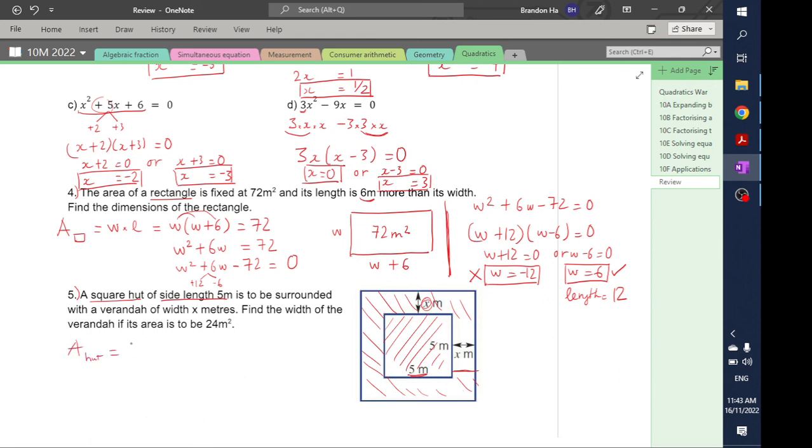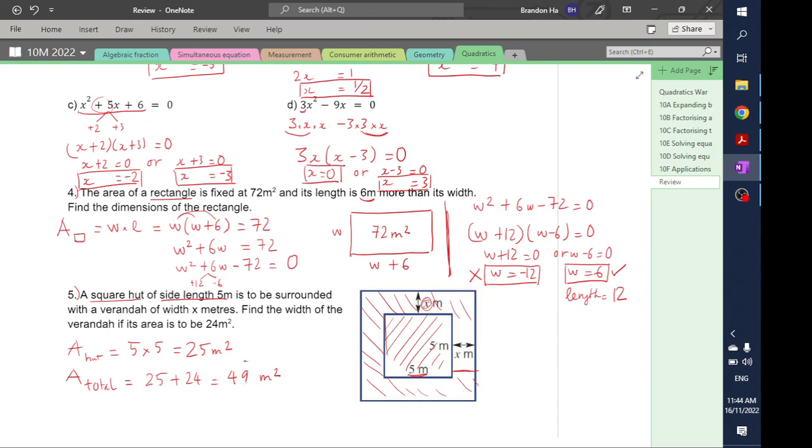Area of hut is 5 times 5, that will be 25 meters squared. The area of the whole thing, area total, that will be what? 25 plus 24, and we get 49 meters squared. See that? Because we add the area of the hut inside with the area of the veranda here. Add them together, we have the area of the whole thing to be 49 meters squared. So the whole bigger square here has an area of 49 meters squared.